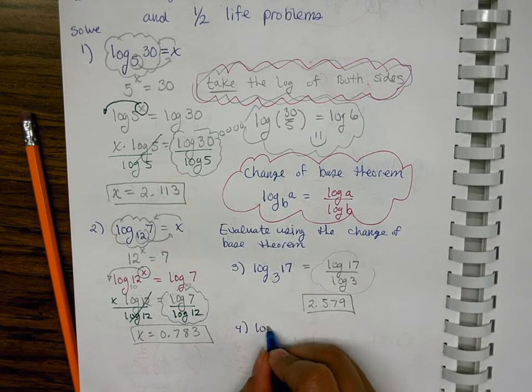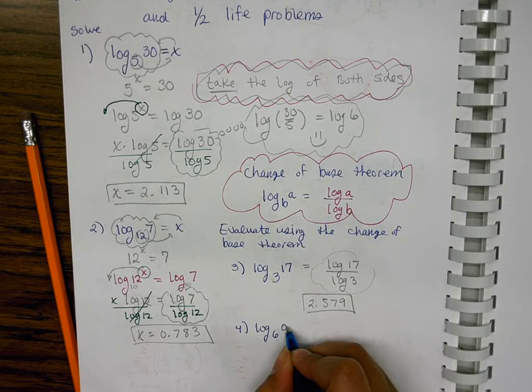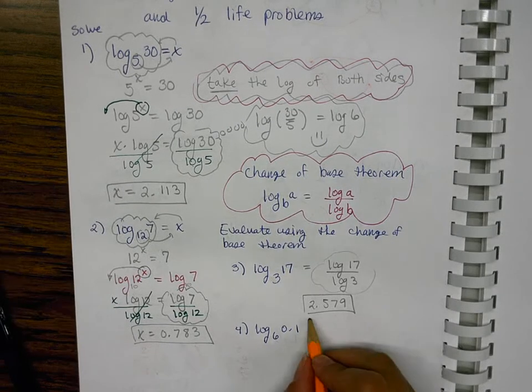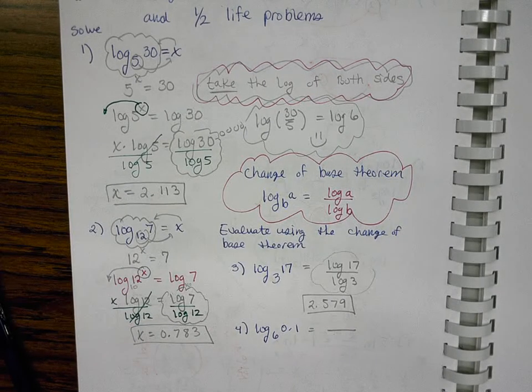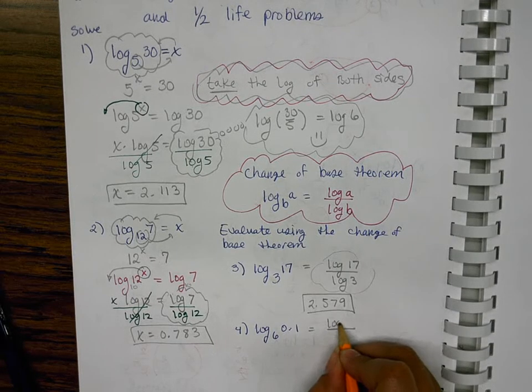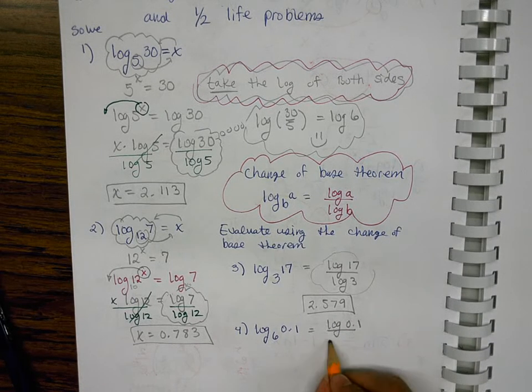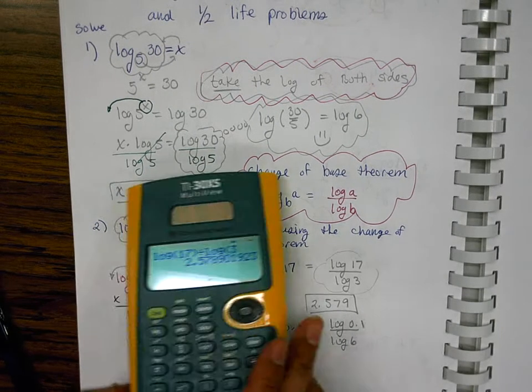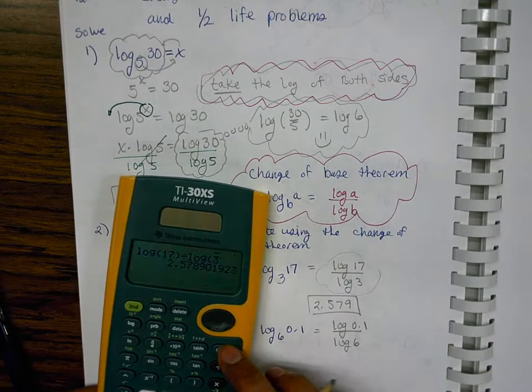All right, last one like this, and we're going to move on. Log base 6 of 0.1. Again, I still want you to use the change of base theorem. Fraction, what comes on top? The 0.1 or 6? Log of 0.1 over log of the base, which is 6.